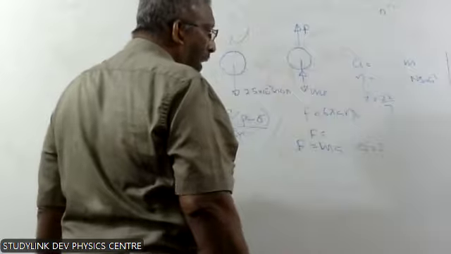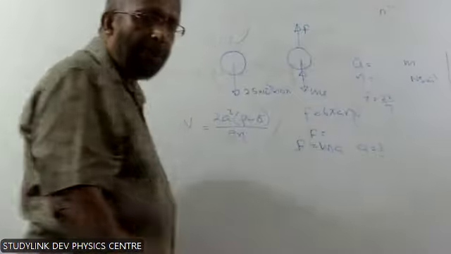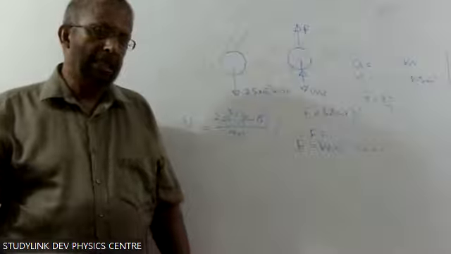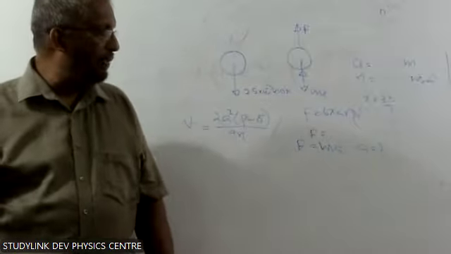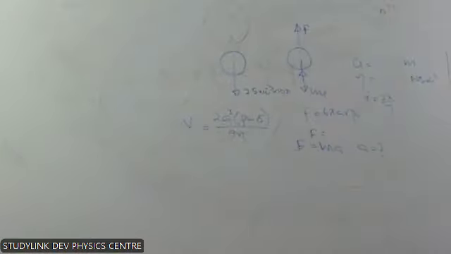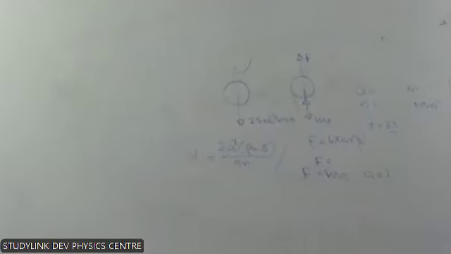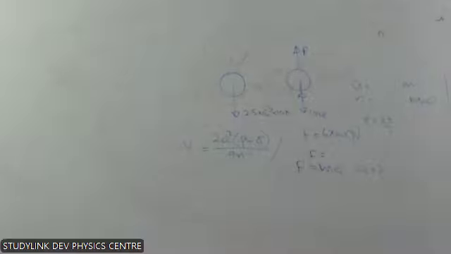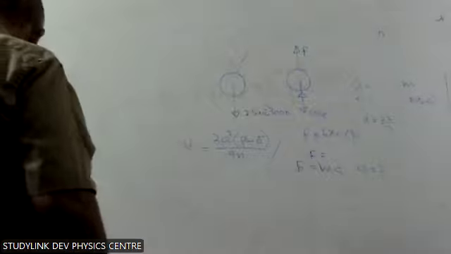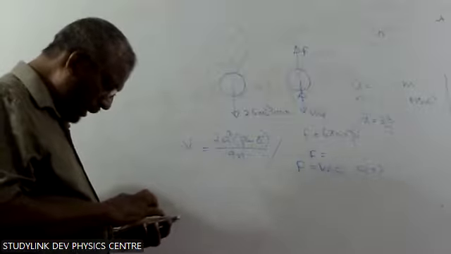Sometimes they might give an approximate value, that is 3. Normally they give like that. So note down only this. After that, substitute and get the answer. It's a very simple question.